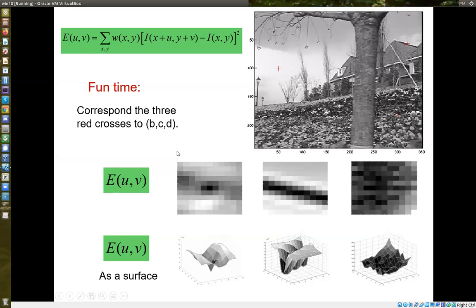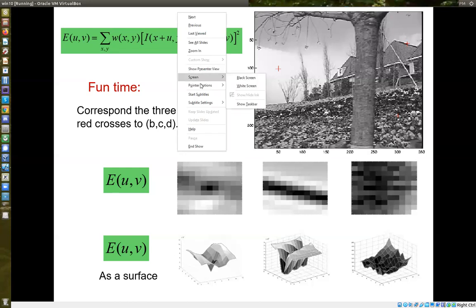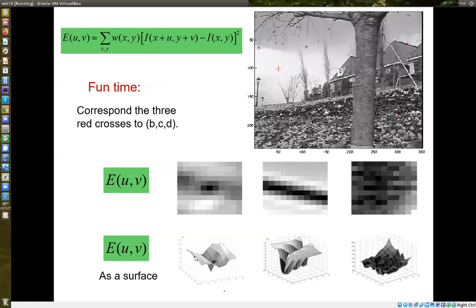I need to write somewhere, even though I really hate writing on PowerPoint. I call this A here, and B here, and C here. So this point here will correspond to A, B, or C.